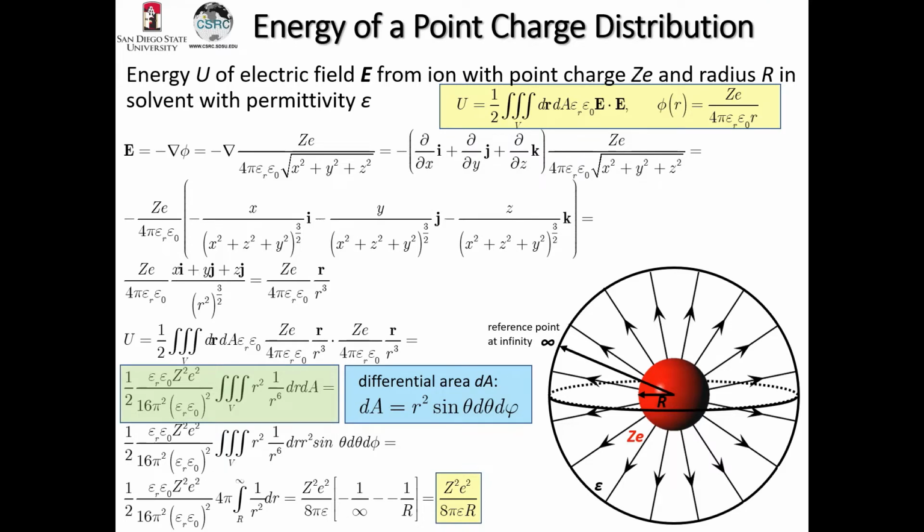And what I'm going to do is substitute for the differential area, r squared sine theta d phi. And if we integrate this, we'll get a 4 pi term. Here's the 1 over r squared, and if we resolve this and do the integration, we'll come to this very nice expression right here. So Z is the number of electrons.